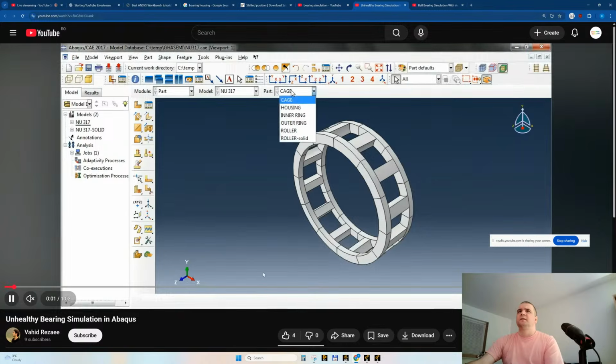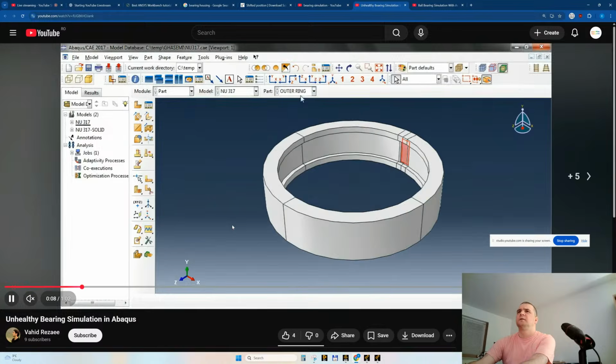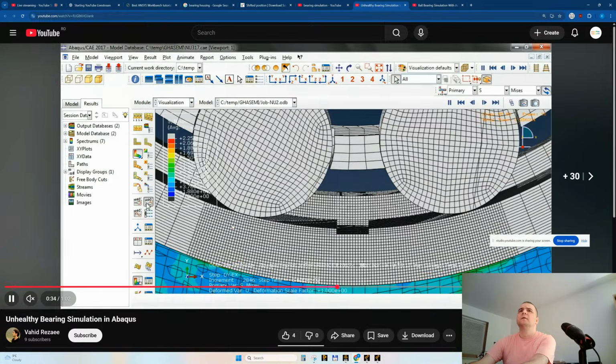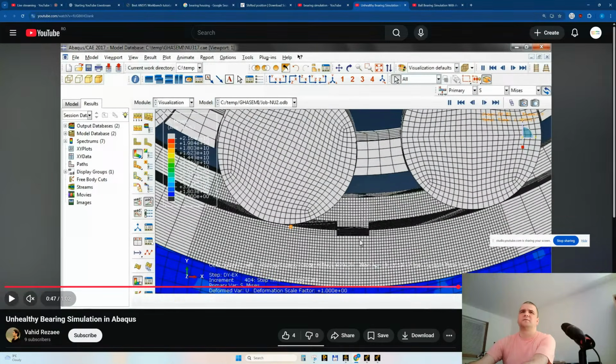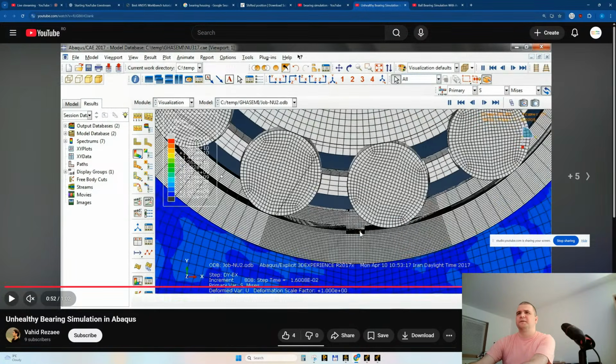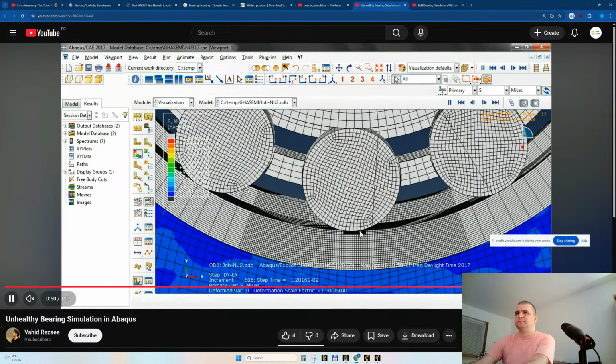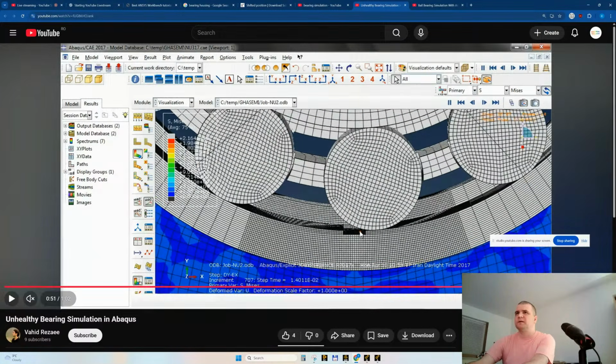All right, unhealthy. Look here at the interface. Oh my God, output, model, spectrums, plots, paths. It's not user-friendly. Tell you what happens.